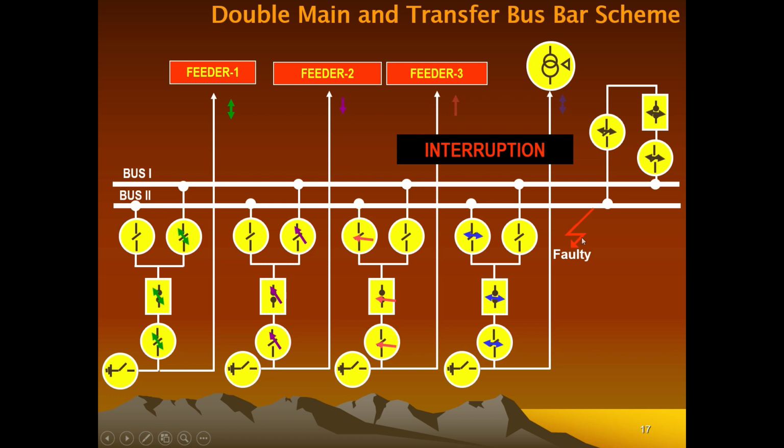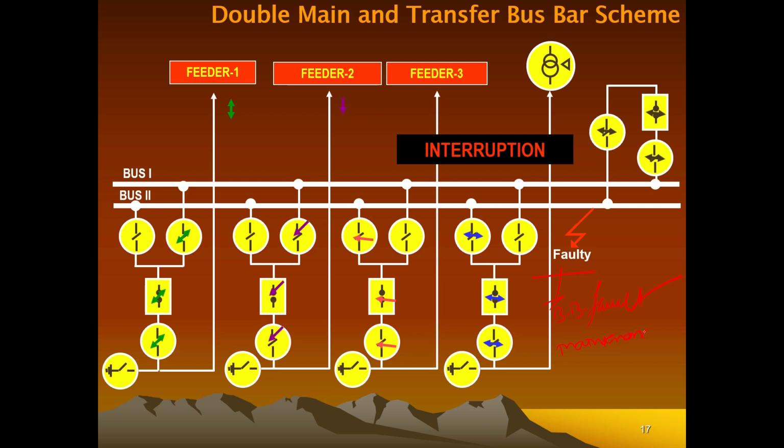Now there is a fault on this bus bar. Once there is a fault on this bus bar, what happens? All the feeders connected to this bus bar will get tripped or will get isolated. But here faulty doesn't only mean bus bar fault, but it also includes your maintenance work.